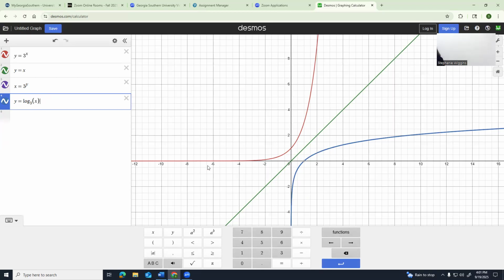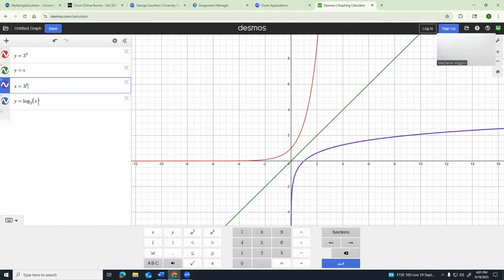Okay, so you can see that the purple and the blue are the same function. This is symbolically how we write it, and this is in function notation. So basically, we're saying that y is the exponent if the base is 3 for a given value of x.